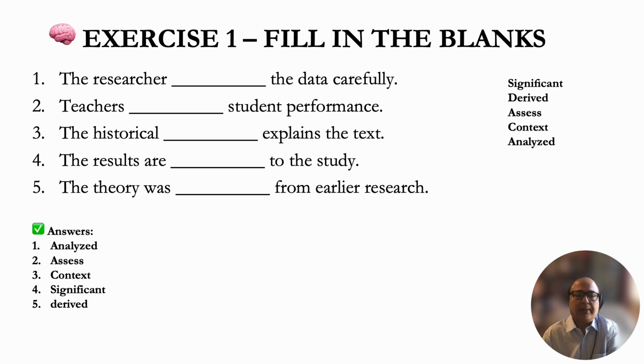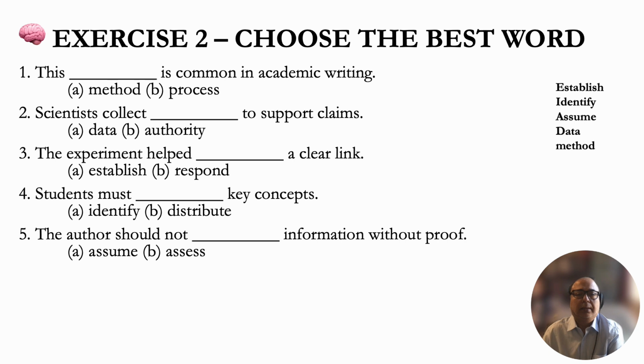One is analyzed, 2 is assess, 3 is context, 4 is significant, and 5 is derived. So that is 5 out of 20. We have 15 more words that we will practice. Let's try this now. Okay?